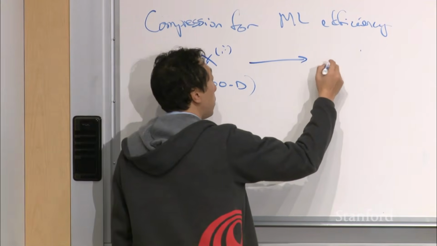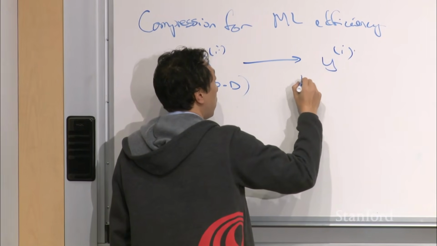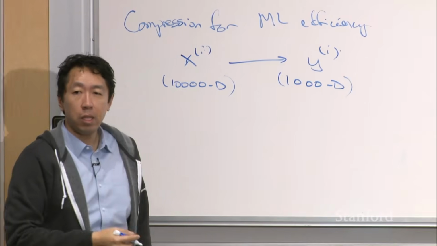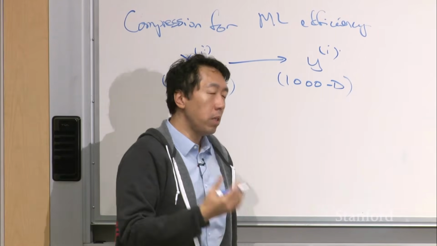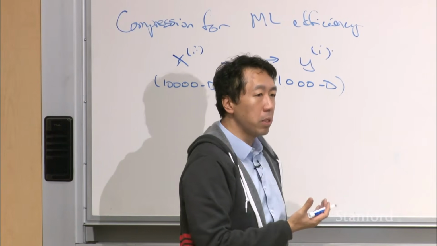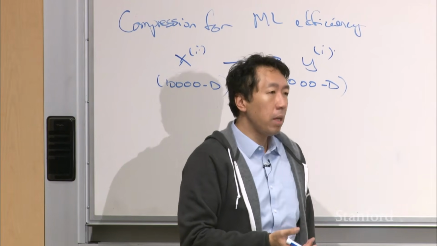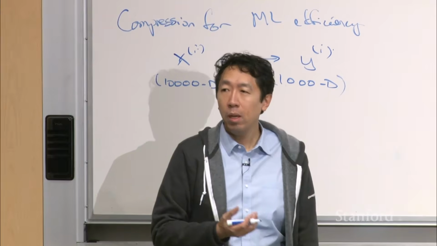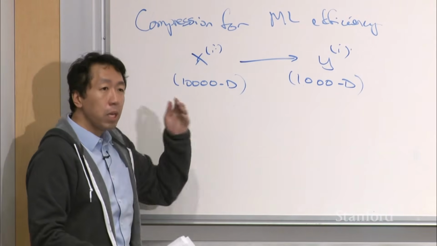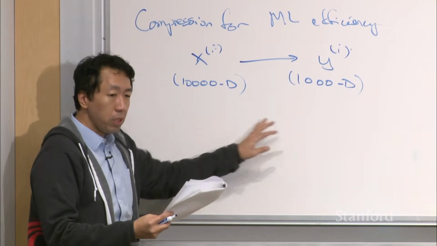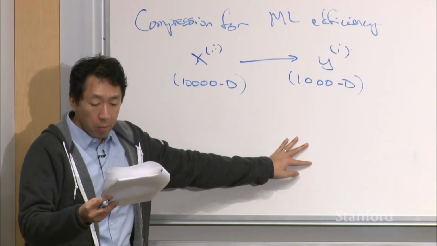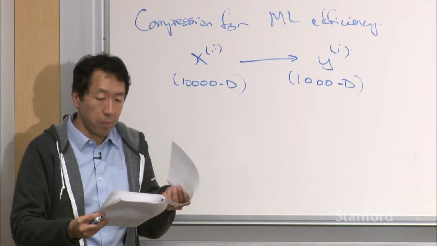But if you can compress your data to this yi representation, which is just 1,000 dimensional, then your memory bandwidth, your network bandwidth, your computational speed, you can run your learning algorithm on a much lower dimensional set of data, and it may be much more efficient. So one other pretty good application of PCA is, for computational efficiency, to lower the dimension of your data before you feed it into some expensive learning algorithm. I've done this a few times.